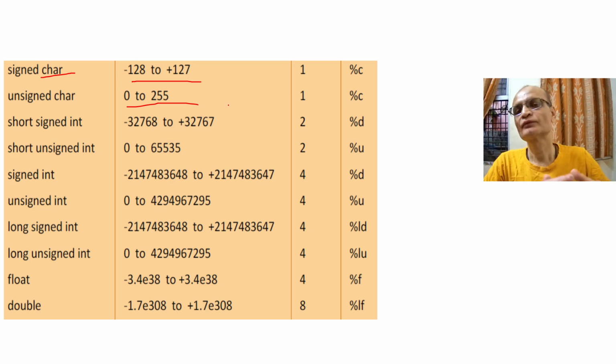If 0 to 255 is enough range and your job is done, then you don't require more. The formatter you typically use is %c.